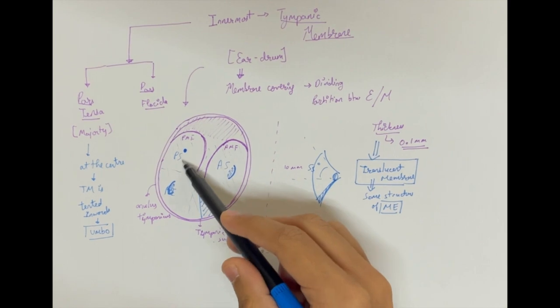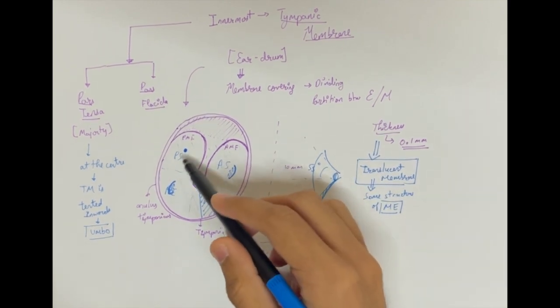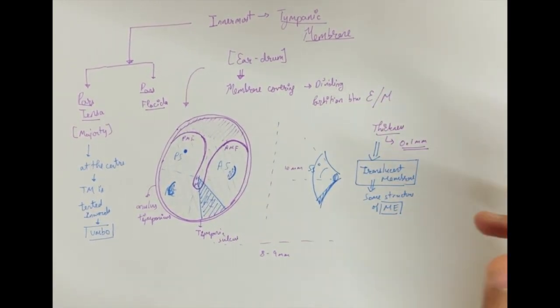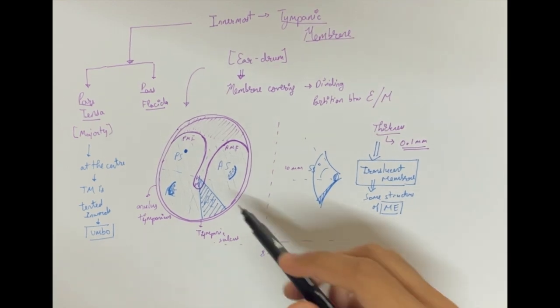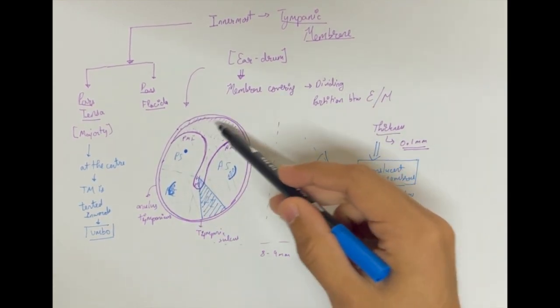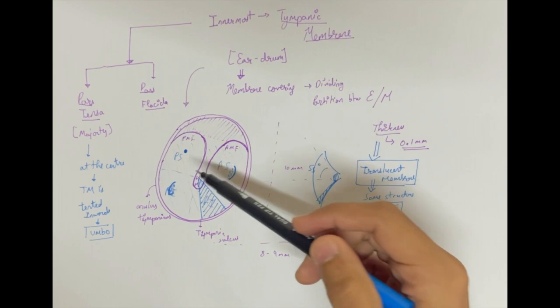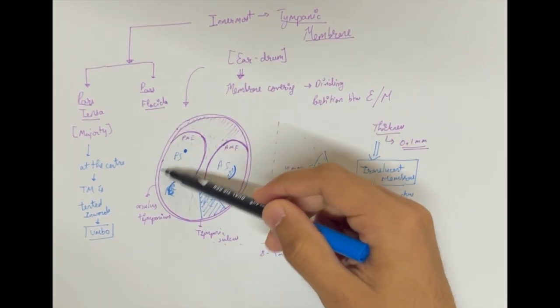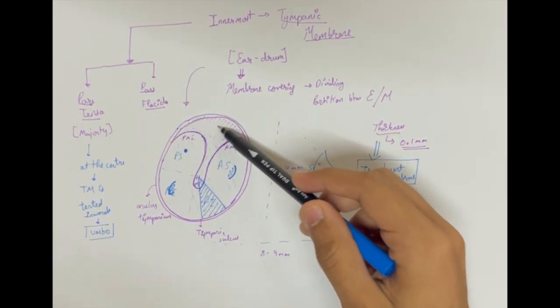We will not be seeing the oval window because the oval window is in relation with the foot plate of the stapes, which we'll talk about later. So this is the general aspect of the tympanic membrane. Again, it's divided into two parts: pars tensa, which is the lower part, and pars flaccida, which is the upper part.